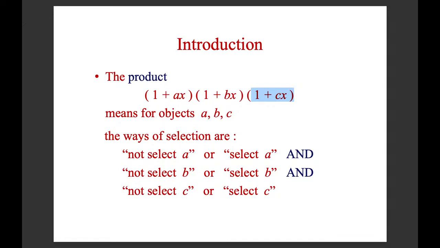The selection is a process: the first choice is whether we select A or not, the second choice is whether we select B or not, and the third choice is whether we select C or not. In that case, the whole process can be represented by multiplying the corresponding 1 plus ax, 1 plus bx, and 1 plus cx.